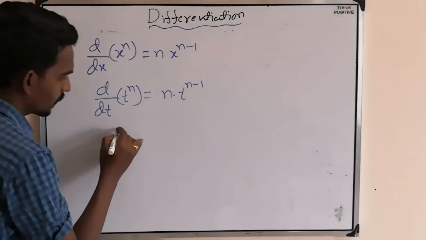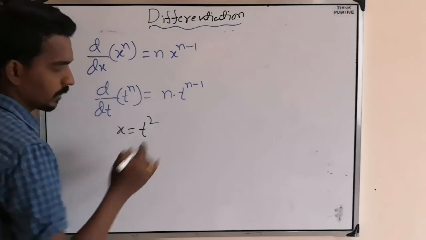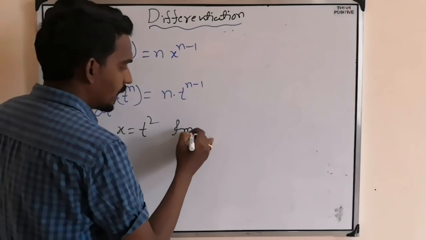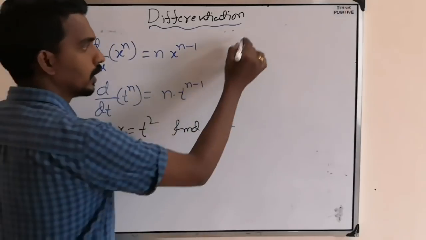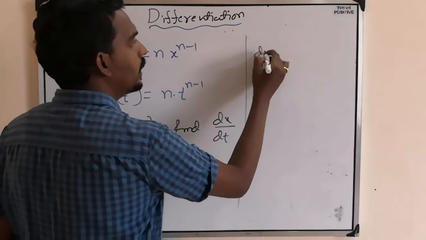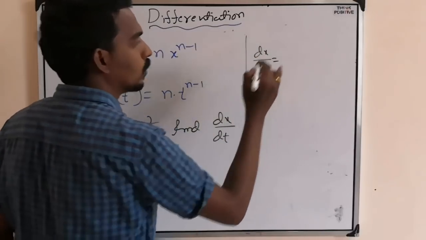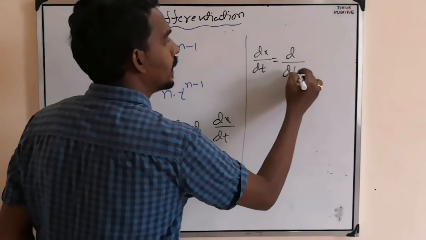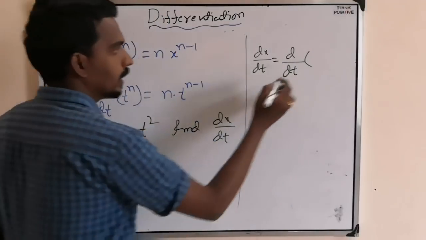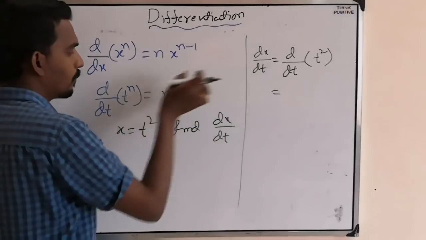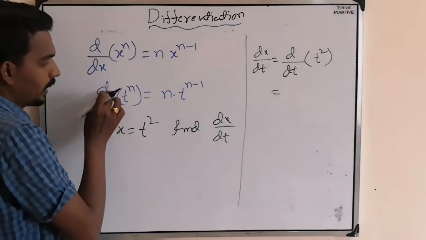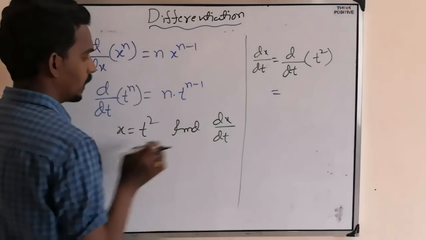Like, suppose x equal to t square and find dx by dt. That is the question. Then what will you do? dx by dt equal to d by dt of, what is x they have given? t square. Now you will compare with this. d by dt of t square.